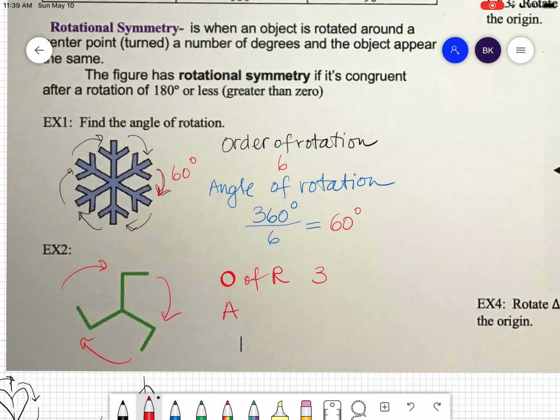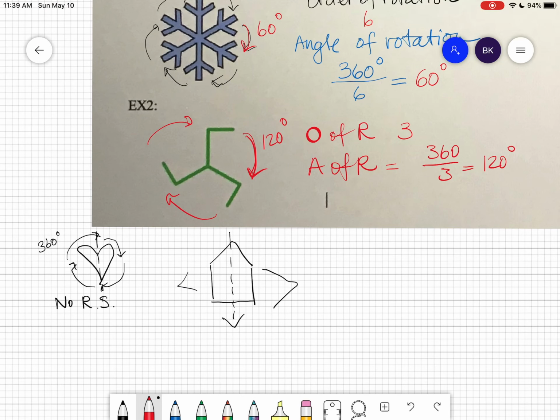And then the angle of rotation is 360 divided by 3, and that would be 120 degrees. So I need to rotate it 120 degrees for the object to look the same.